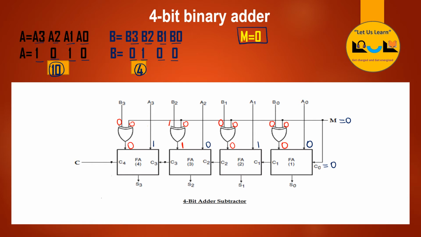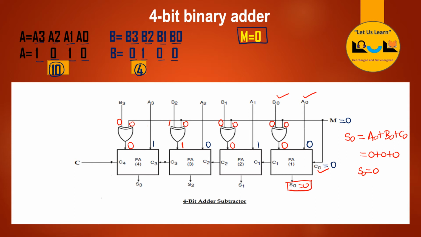Now we have to find S0. S0 is equal to A0 plus B0 plus C0. A0 value is 0, B0 value is 0 and C0 value is 0. If we add this, S0 is equal to 0 and the carry is 0.